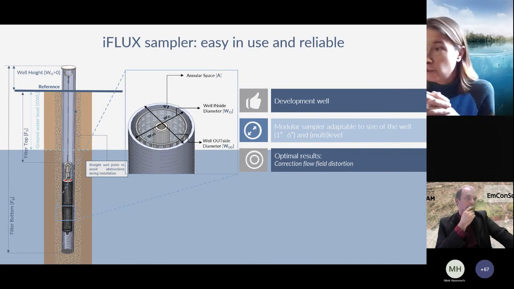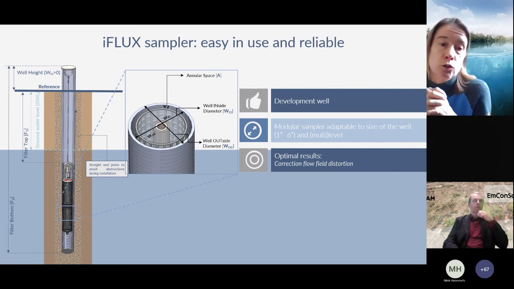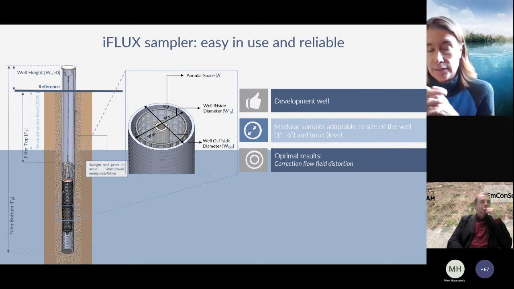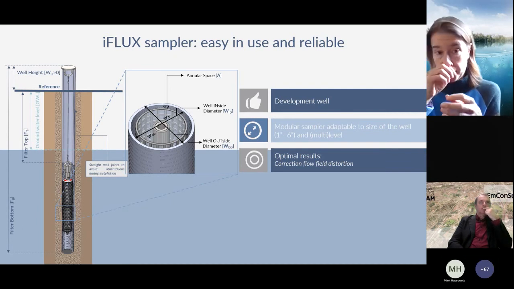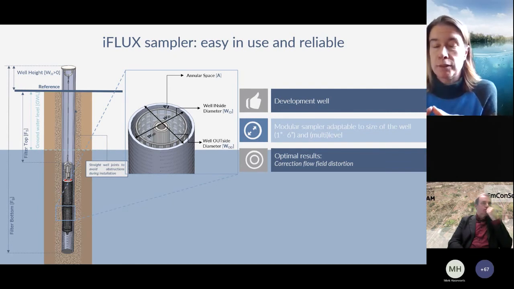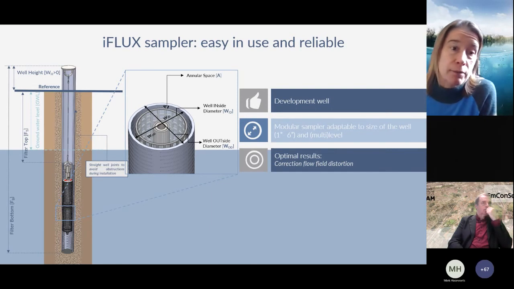Important, of course, is that you have a well in a good shape, that there are no obstructions, so the installation is possible. Because we adapt the diameter of the sampler to the diameter of the well, it's very important, because we want to prevent bypassing of the groundwater, bypassing of the sampler.